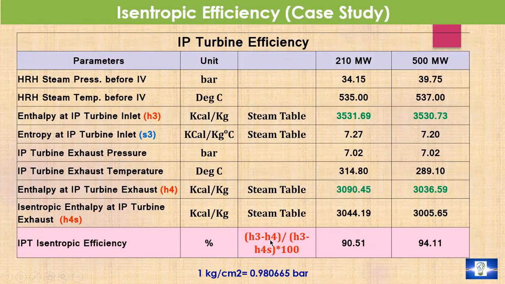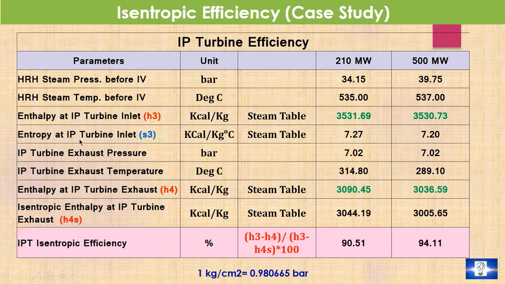In the same way we can calculate the IPT isentropic efficiency from the formulation (H3 minus H4) by (H3 minus H4s) into 100%. From the HRH steam pressure and temperature we can calculate H3, and from the IPT exhaust pressure and temperature we can calculate H4.